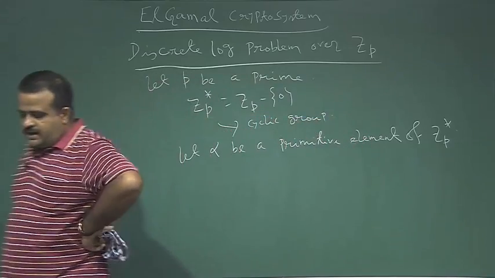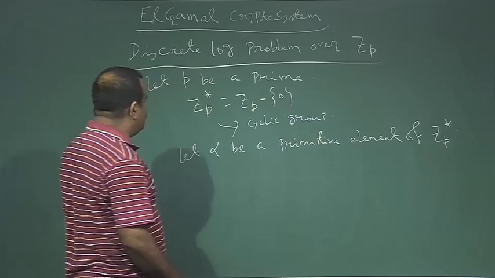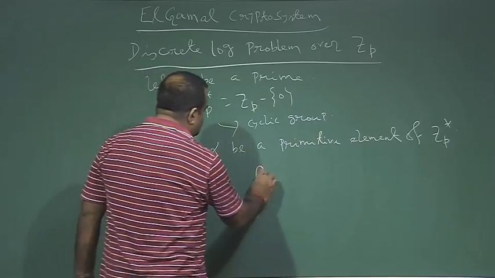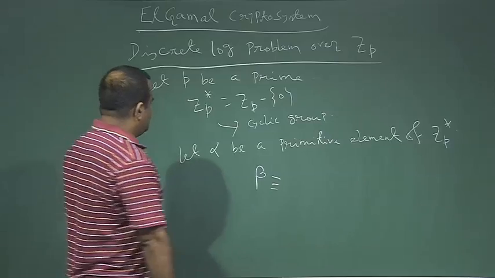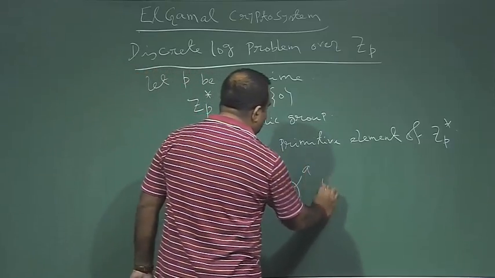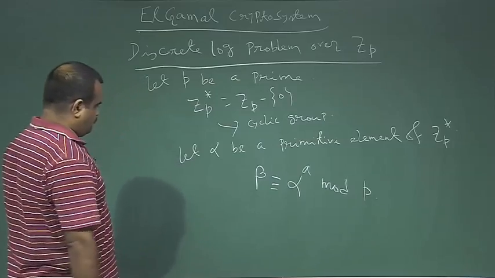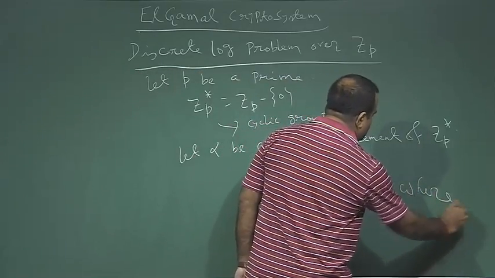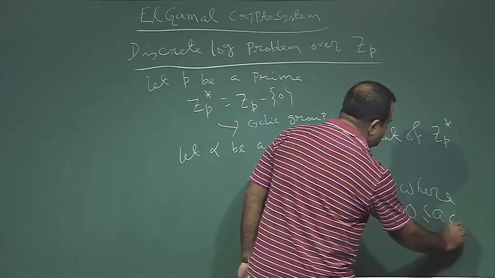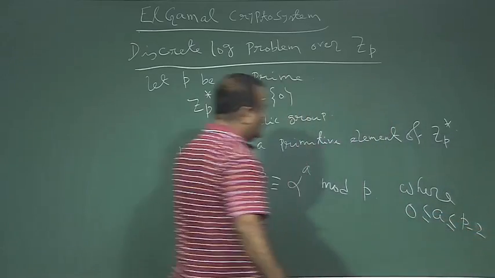Then we compute beta, which is alpha to the power a mod p, where a is 0 less than or equal to a less than or equal to p minus 2.